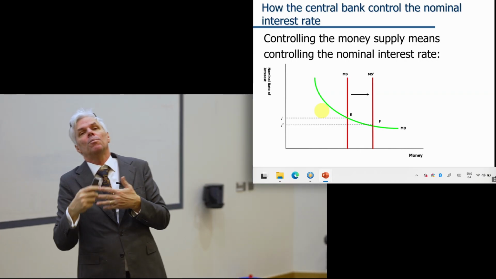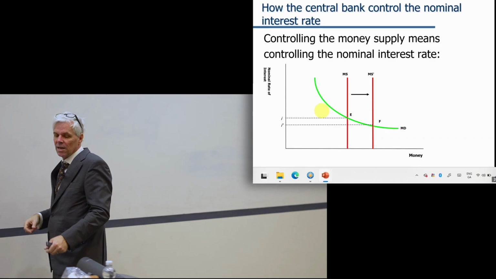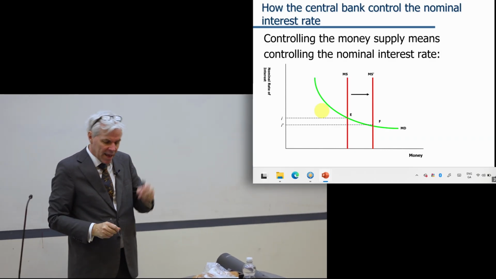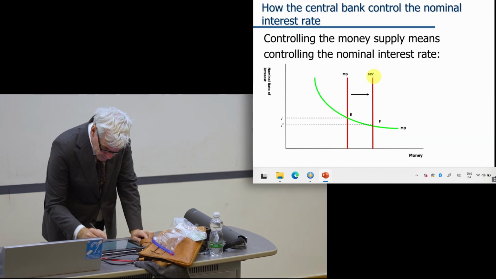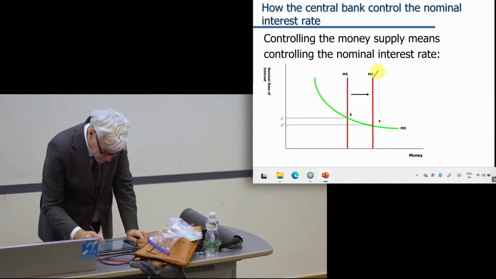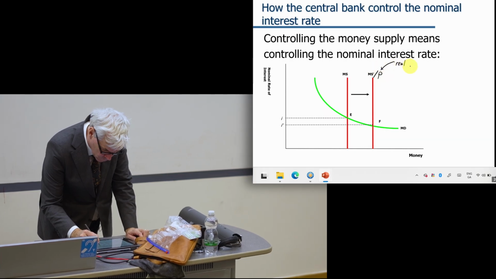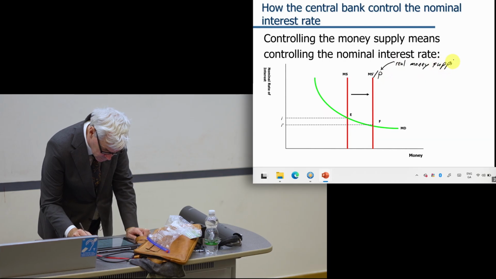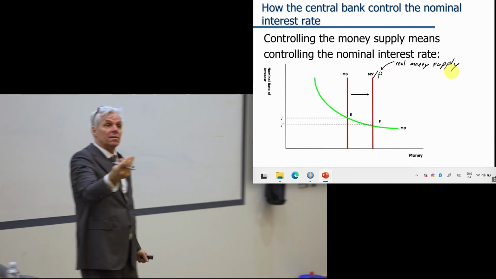But as we get to more sophisticated stories, we are going to want to think about this in a different way. And so we're going to typically say, this is money supply divided by the price level. So real money supply. At the moment, it doesn't matter because the price is constant.